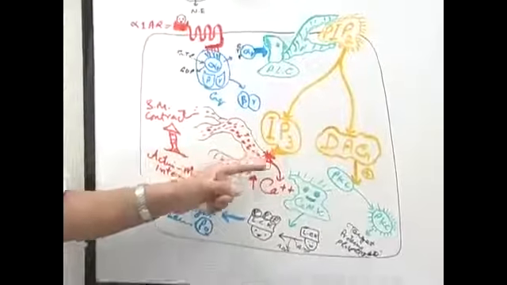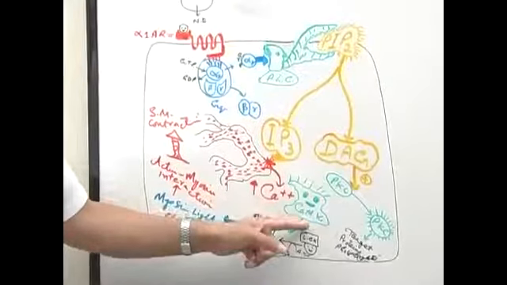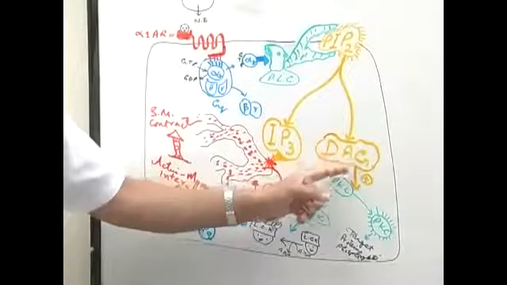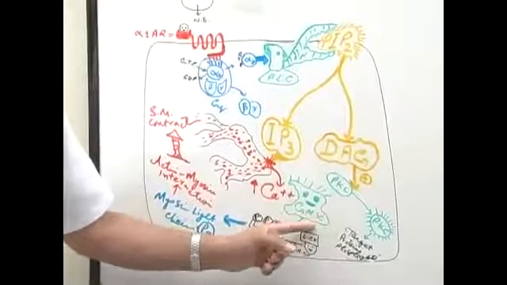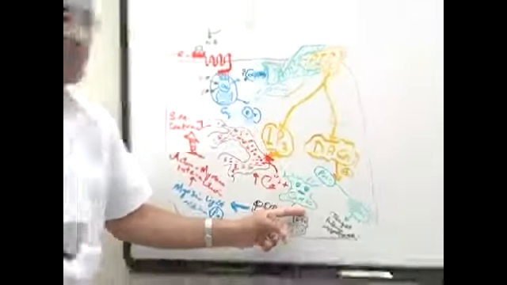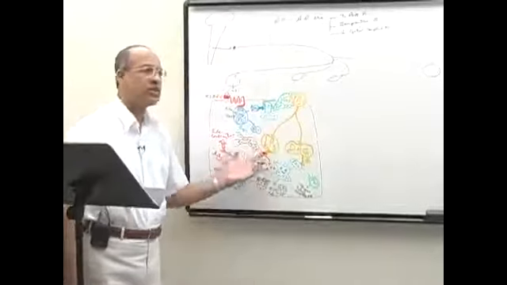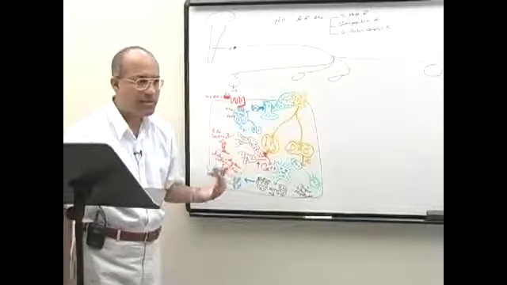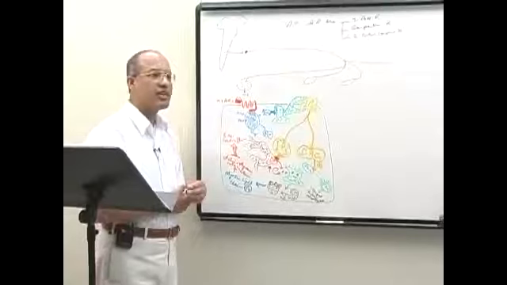IP3 will increase intracytosolic calcium levels. Calcium will bind with calmodulin kinases, and diacylglycerol will bind with protein kinase C. When both of these kinases are activated, they will phosphorylate the target proteins, and phosphorylated target proteins will alter the function of the cell. Am I clear? Any problem here? So this is how alpha-1 adrenergic receptors work.